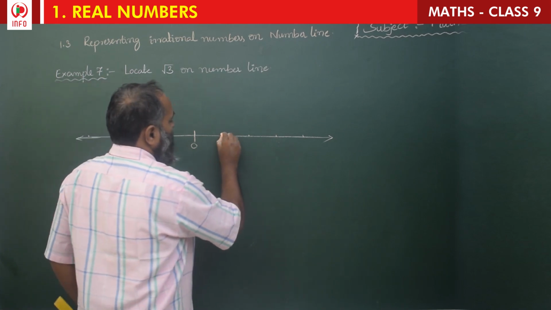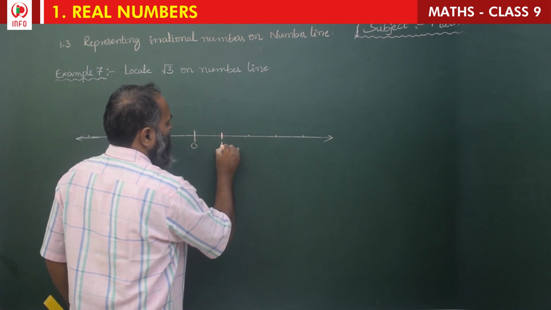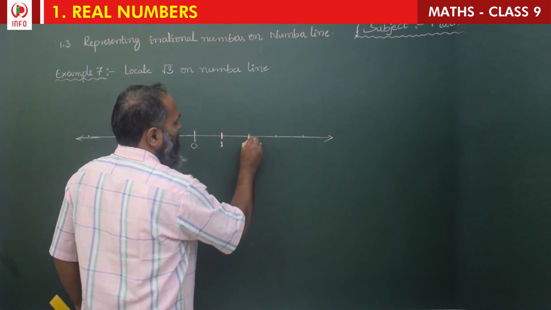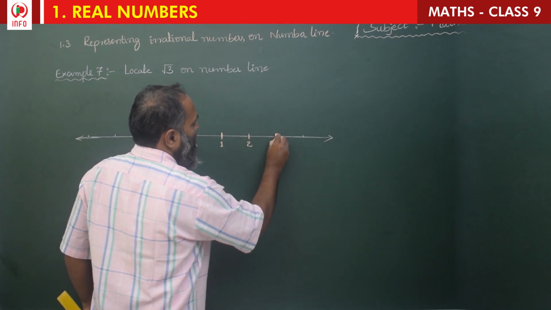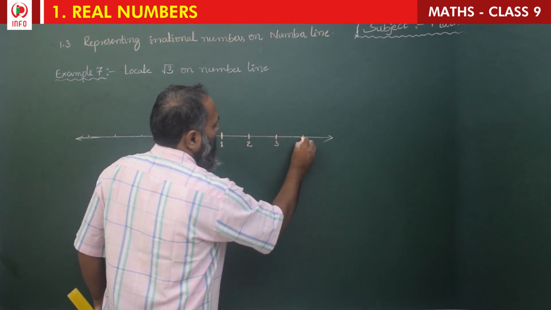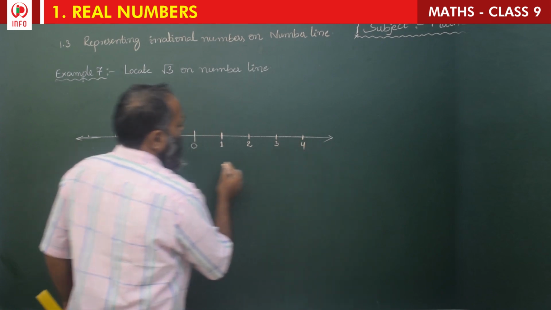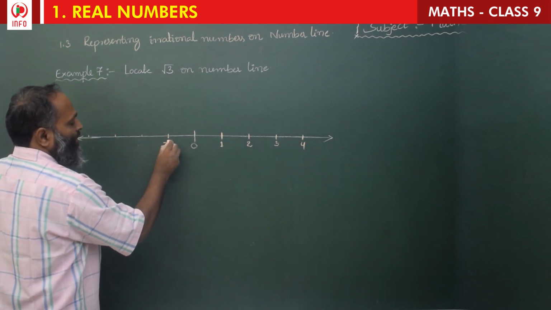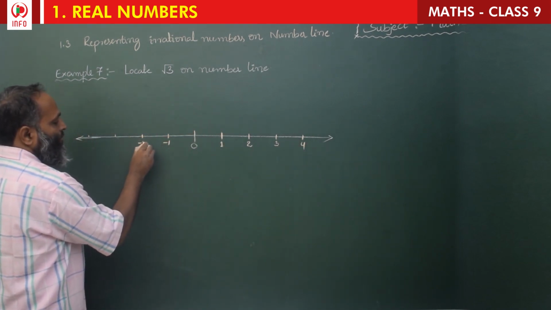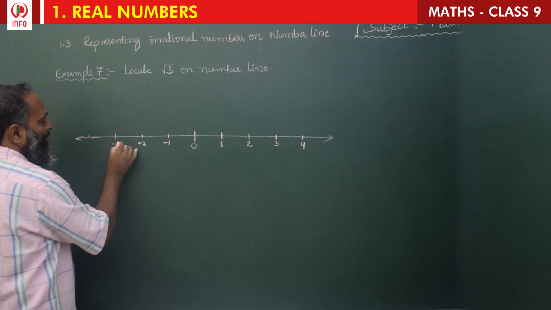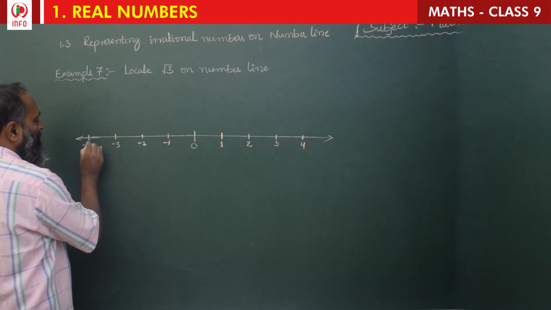Here this is 1, this is 2, and this is 3, and this is 4. And here -1, -2, -3, -4.